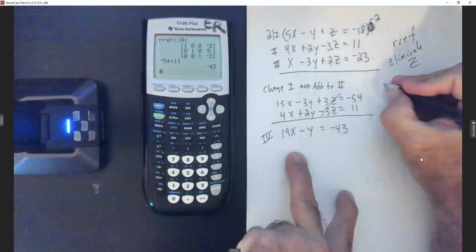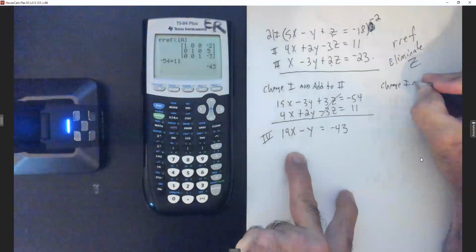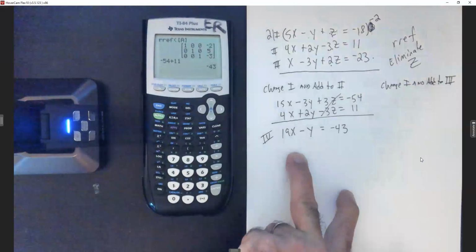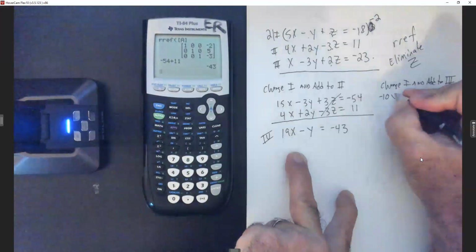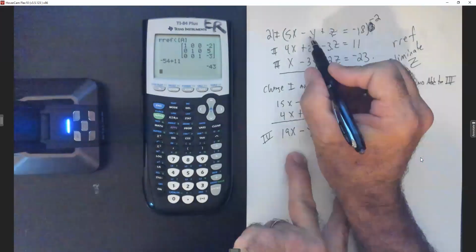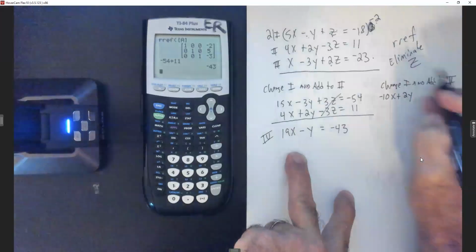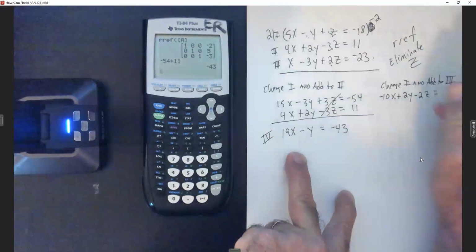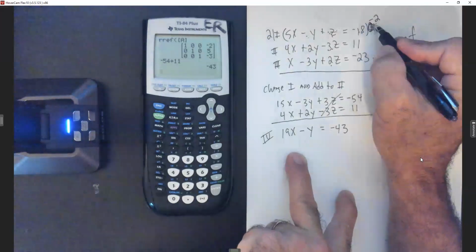So once again, I'm going to change 1 and add 3 this time. If I multiply everybody by negative 2, 5 times negative 2 is a negative 10x. Negative 1 times negative 2 is a positive 2y. 1 times negative 2 is a negative 2z, all equal to the negative 18 times negative 2, which is 36.